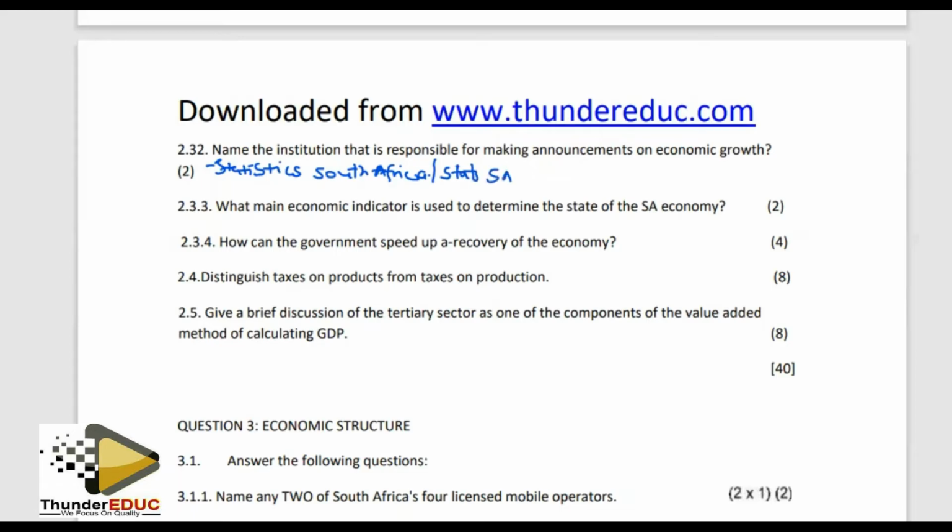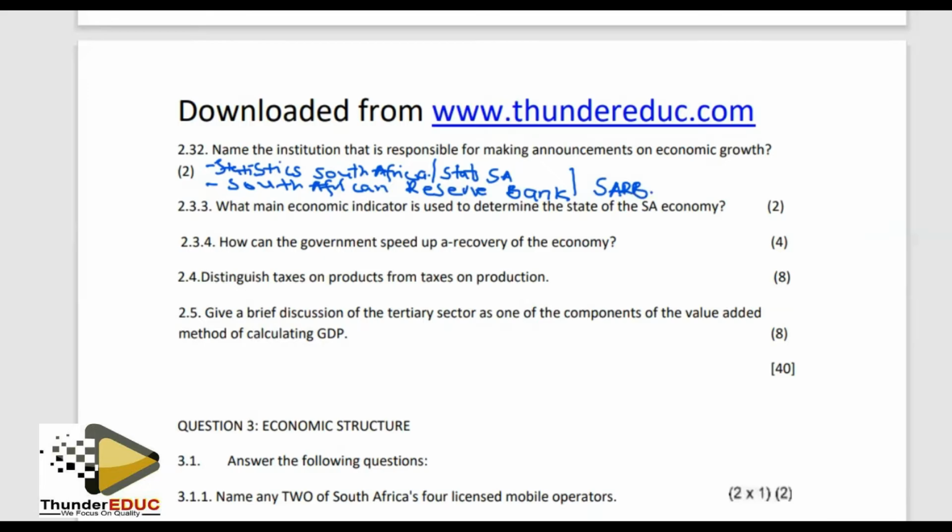But if you don't use this one, another one is the South African Reserve Bank. You can as well put it in short form.